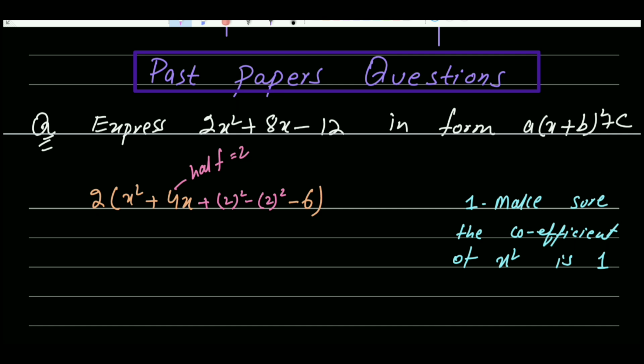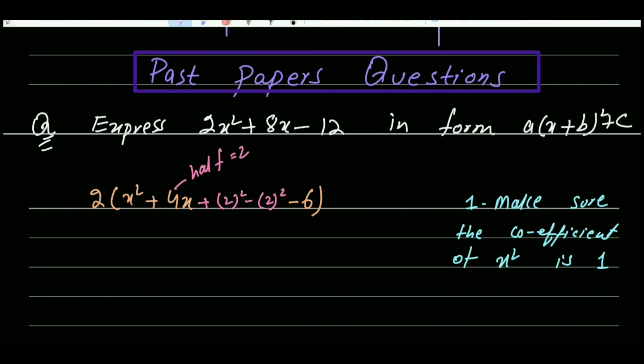So I will repeat that the first step is to make the coefficient of x square 1. If it is already 1, then we will skip the step of taking common, but if it is not 1, then we have to make it 1 by taking the coefficient of x square common.